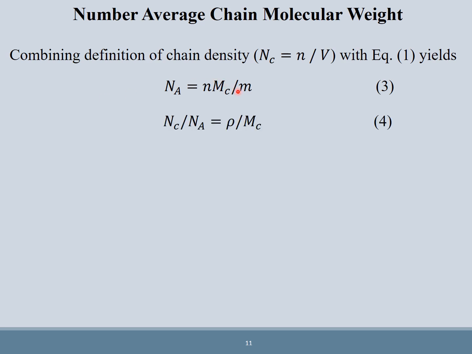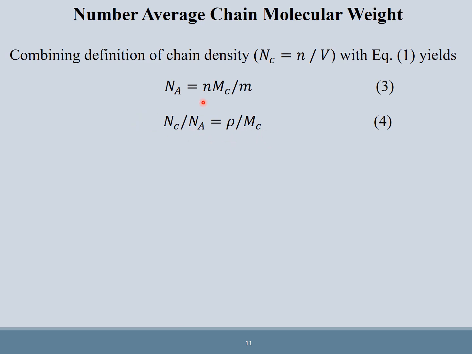If we use n is equal to Nc times V, we replace n with Nc times V. So we have Nc Mc V upon m. V upon m is basically the inverse of density, so we have rho. So Nc Mc upon rho, and when we rearrange, we get Nc upon Na is equal to rho upon Mc. This is equation number 4.